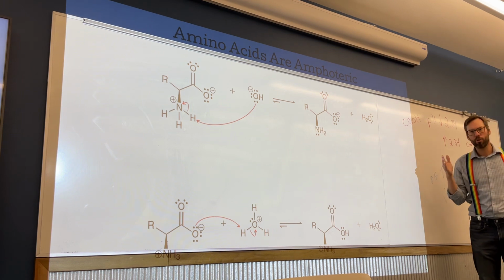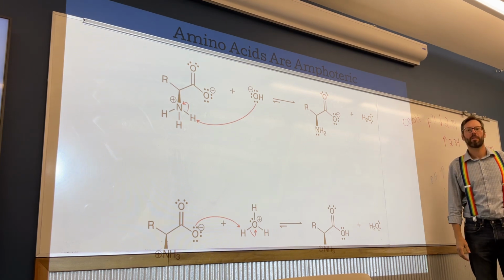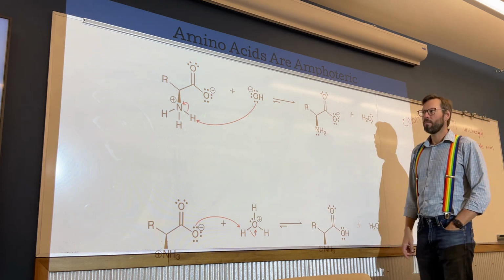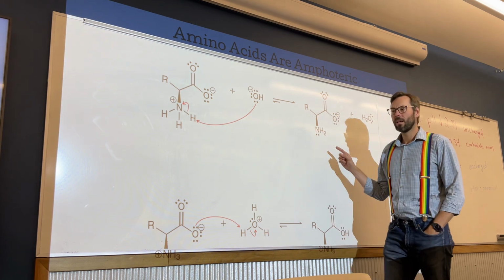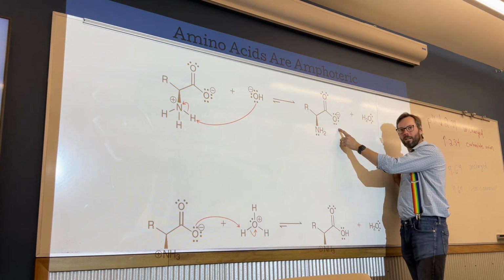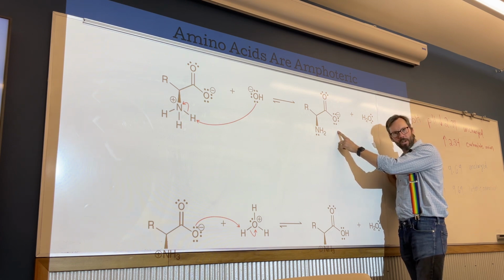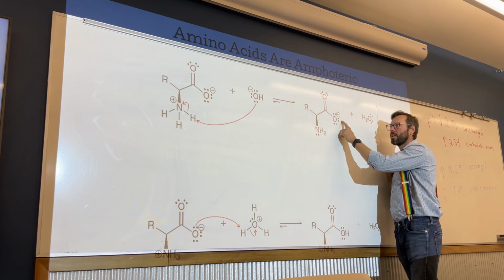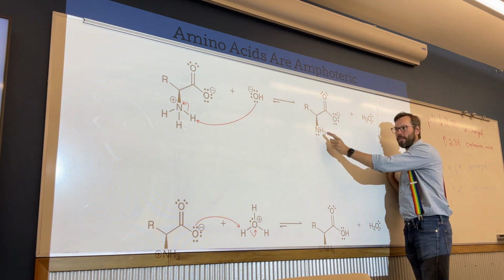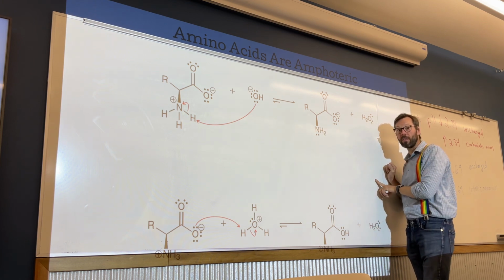So not quite neutral, it's slightly basic. So if it's slightly basic, the amino acids in our body exist in this kind of form. So physiologic amino acids will be written with that carboxylate ion. Okay. And then typically no charge on the amine group.